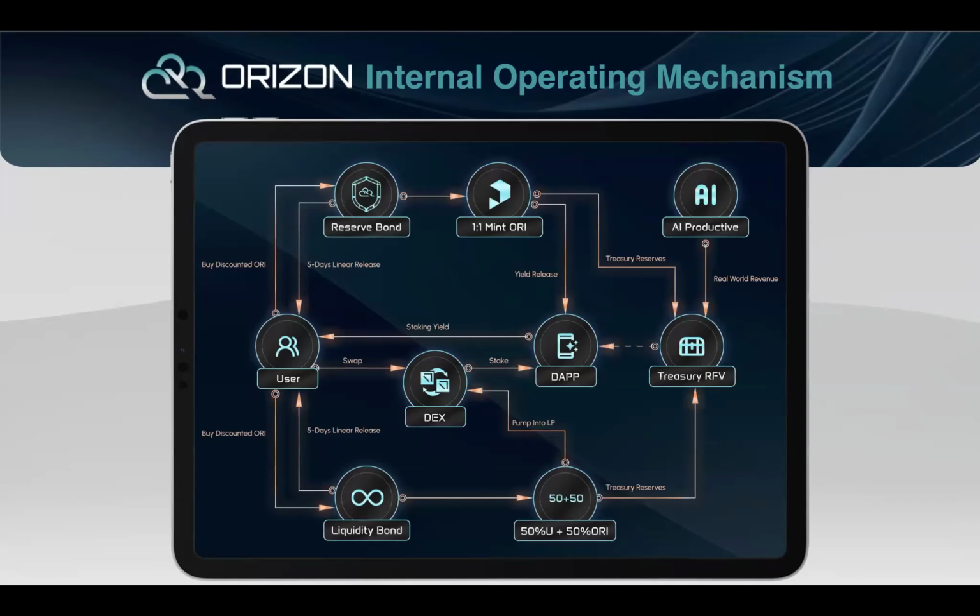They had the treasury here on the right. And then they had this liquidity bond at the top, showing their bonds were always open. The only thing that they did not have here is what is called AI productive, which you see on the top right. They did not have AI, so there was no AI productive. But apart from that, if you remove the AI productive, you have Olympus DAO's model. That is what Olympus DAO had at every given time.